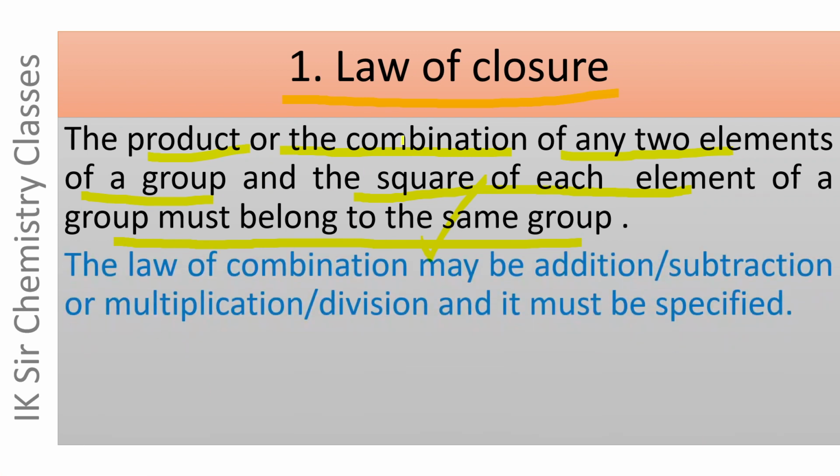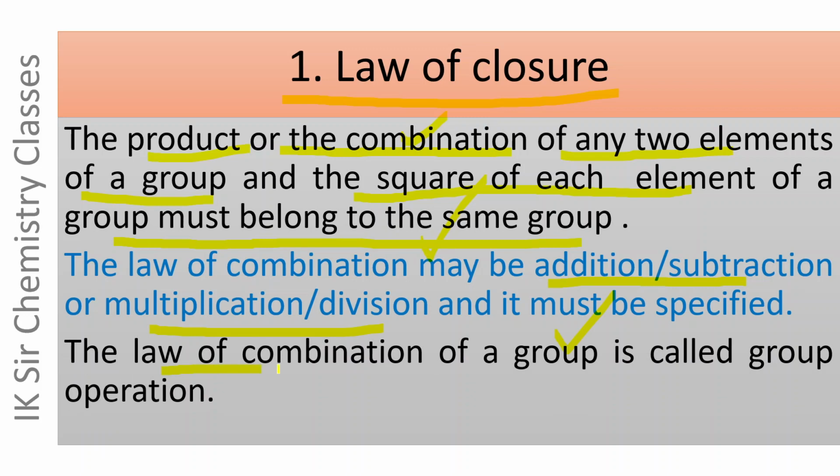The law of combination may be addition, subtraction, multiplication or division, and it must be specified. It means which type of law of combination is applicable to a mathematical group must be specified, and the law of combination of a group is called group operation.